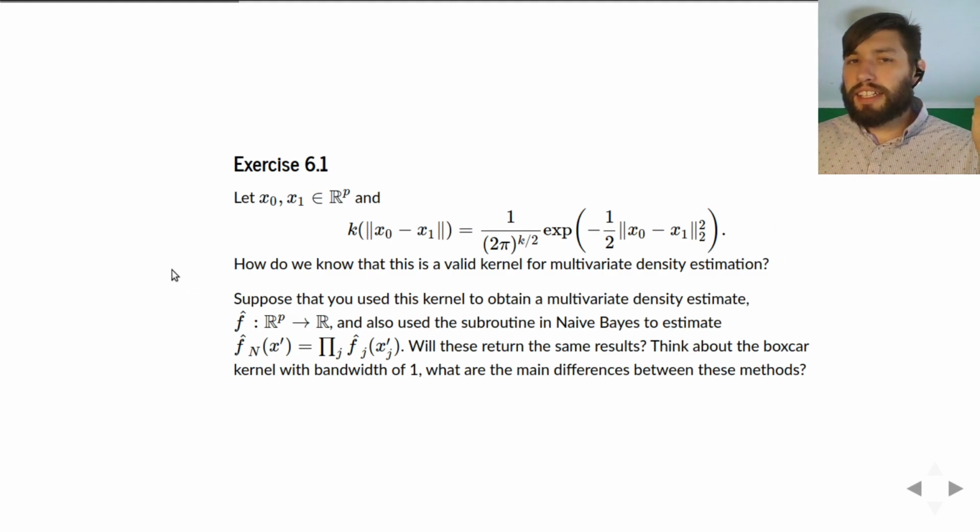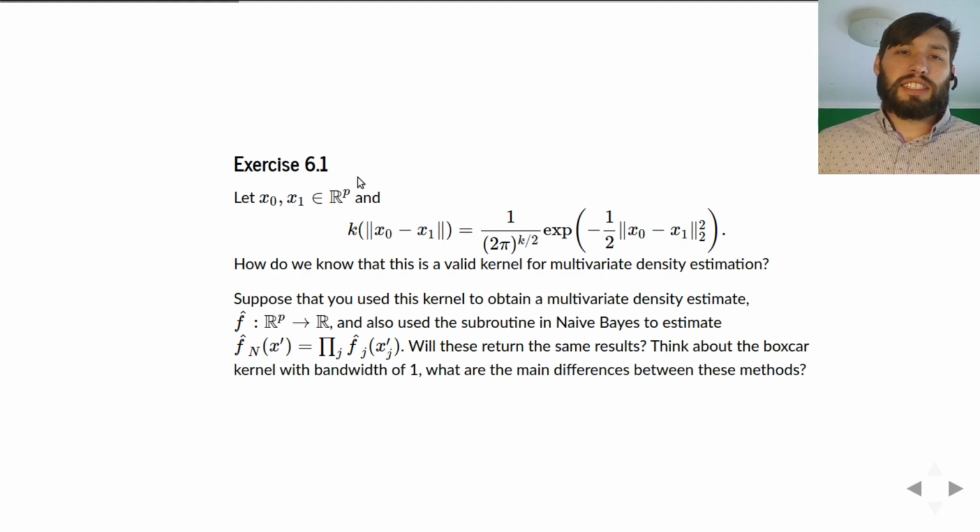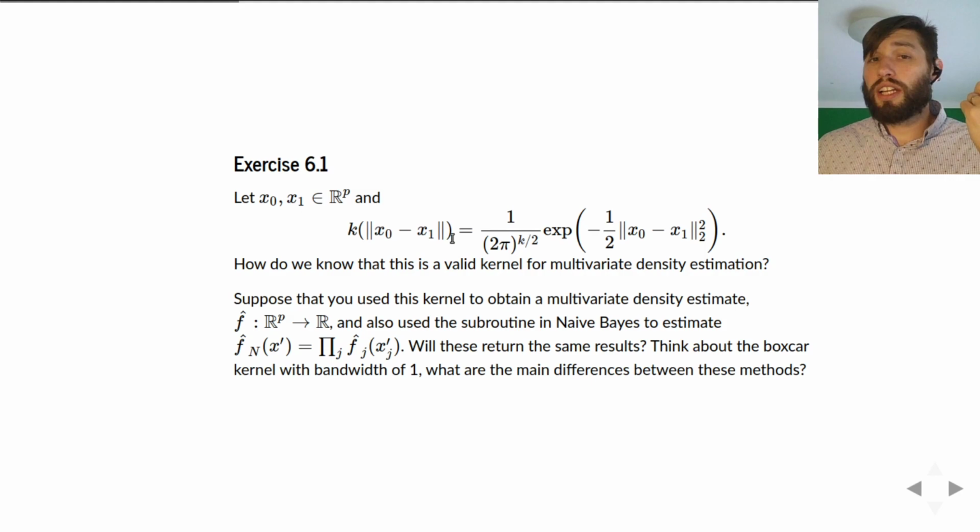And if you go back to what I required, all I required was that this kernel integrates to 1 if we just let one of these parameters be free, right? And it's obvious just because this happens to be the density for a multivariate Gaussian with identity covariance matrix, right?